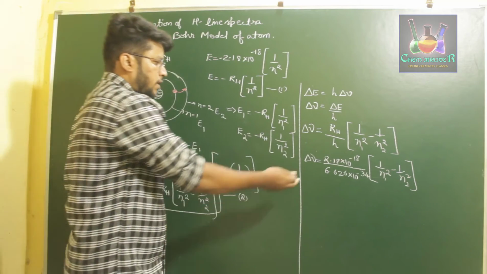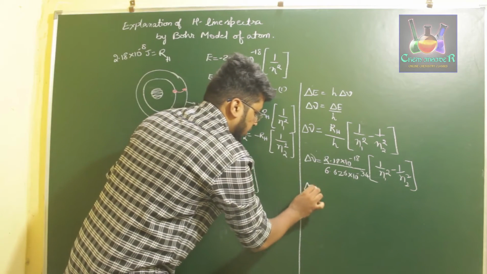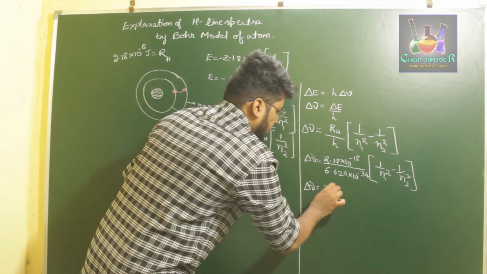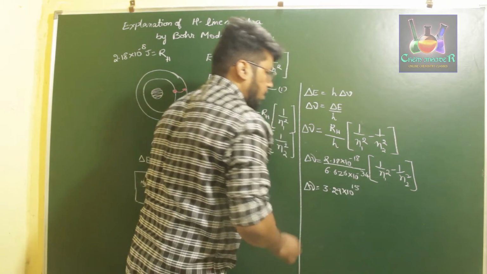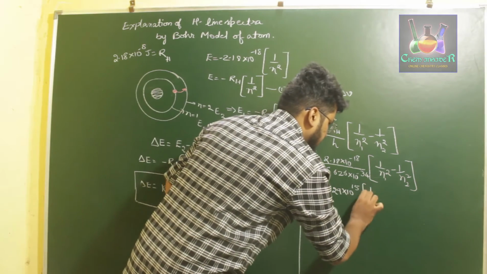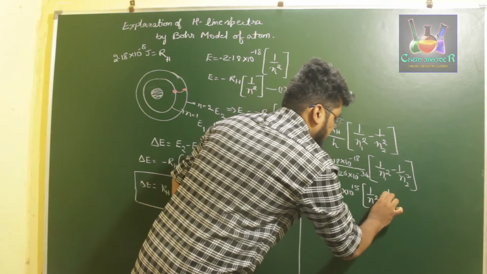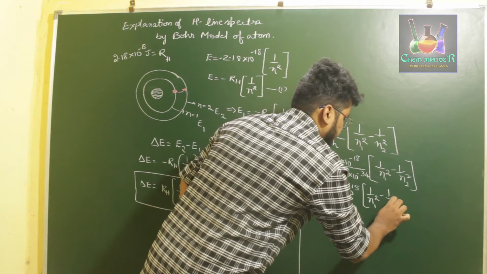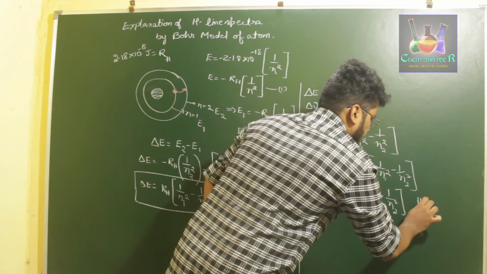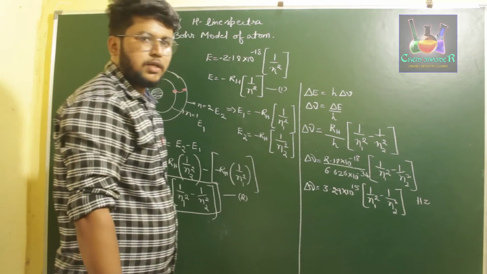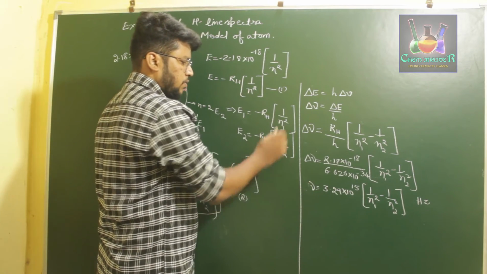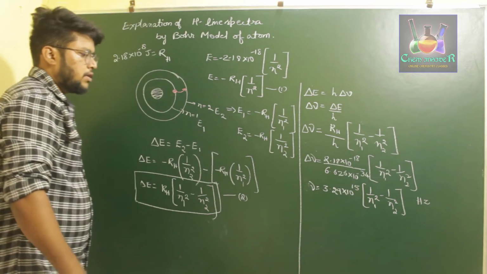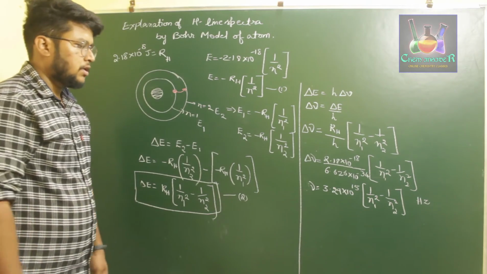On dividing these two we get delta nu is equal to 3.29 into 10 power 15 into 1 by n1 square minus 1 by n2 square in terms of hertz, the frequency. So now instead of taking delta, we'll just consider nu. So nu is equal to 3.29 into 10 power 15 hertz.